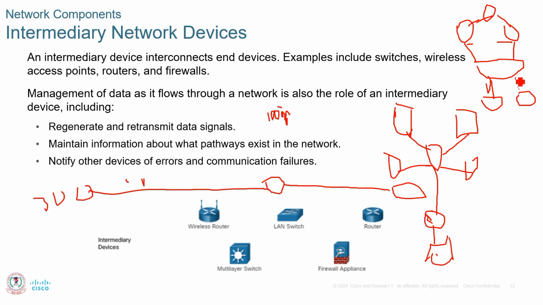So the intermediary device helps to maintain the information on the path through which the packet or the information passes from this node to this one. So it checks where the information needs to go, and maintains the traffic flow, or the signal flow, or the packet flow to the destination.